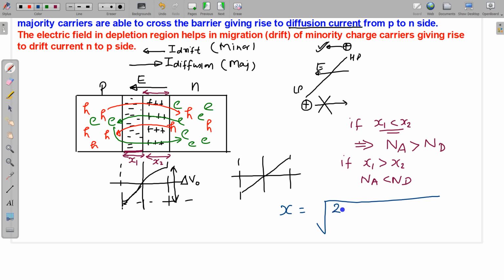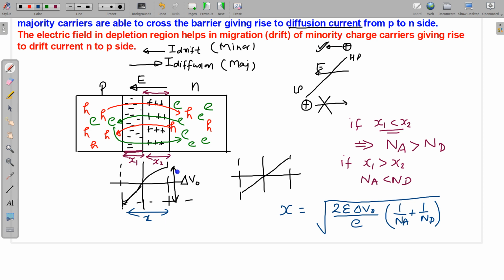It is twice epsilon, where epsilon is the permittivity of the medium, multiplied by delta V naught, the potential difference, divided by the electronic charge, times 1 by Na plus 1 by Nd. Na is the concentration of acceptor atoms and Nd is the concentration of donor atoms, and the total width is x. You can see, if you increase Na, x decreases. If you increase Nd, then x also decreases.